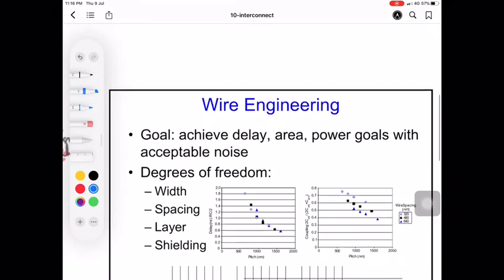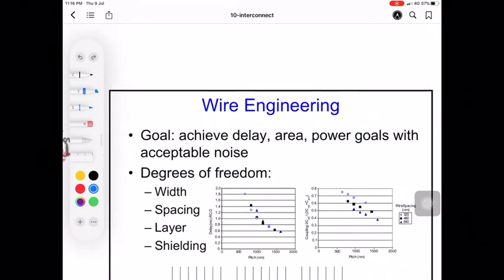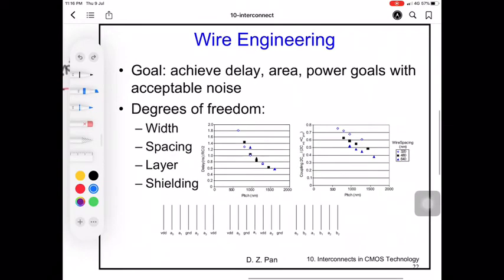What is wire engineering? Wire engineering is to design the size of the wire to achieve the desired delay and the desired area and power goals, as well as having acceptable noise. You can design the placement of your wires based on its width, spacing, layer, and shielding. So what is shielding?